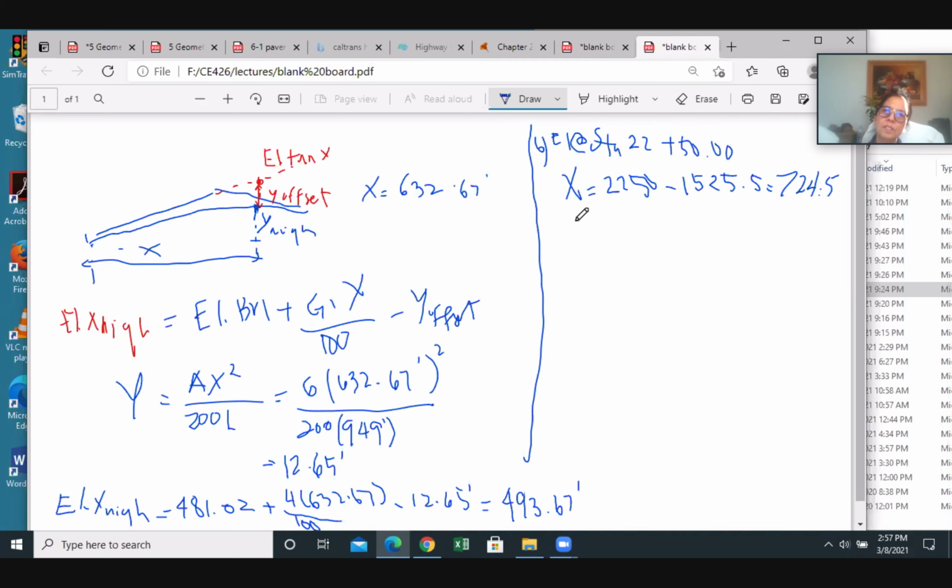Is there any question on this, how we found x? So again, x is simply your station minus the station of the BBC. So next, we wanted to know the elevation.